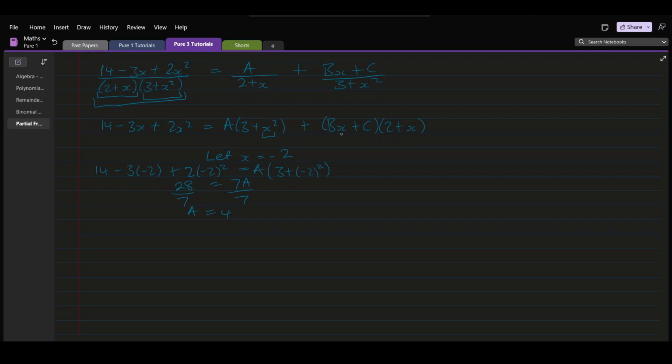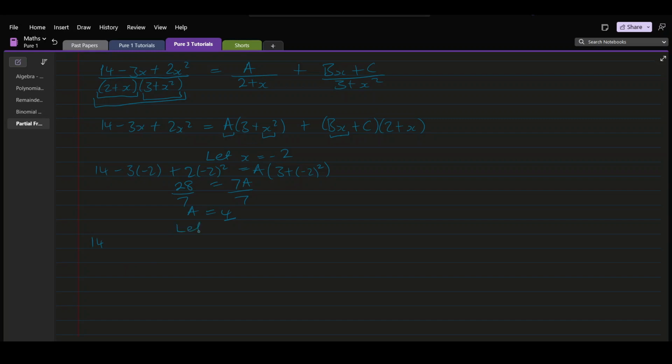As we're going to substitute x with 0, as you can see, our b is multiplying x, so that's going to eliminate this b. And then we already know what the value of a is, so we'll substitute a with its value over here. So that will allow us to evaluate c. So it would become 14.